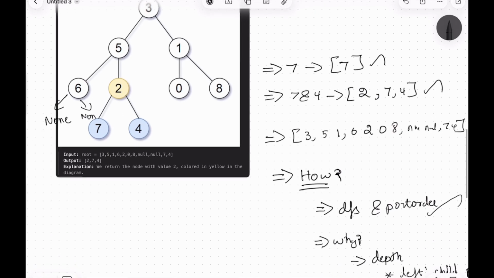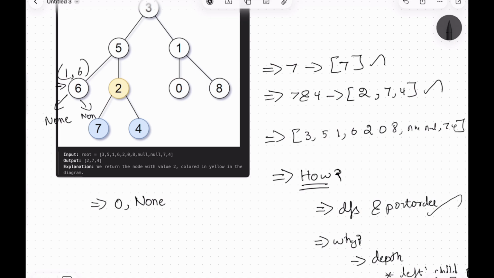So in the base case, if there is no node, we have to return 0 and none, right? And because of that, since we are starting from this leftmost node, this level becomes 0 plus 1, which is 1, and the node becomes 6 here, right?